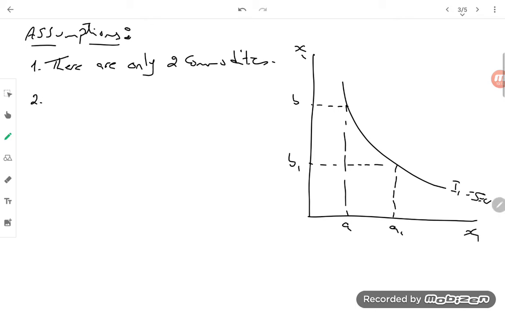Number 2, preference is complete, which means if two baskets are available, A and B, if A is preferable.